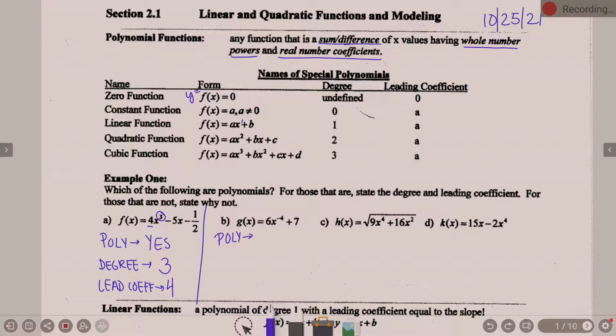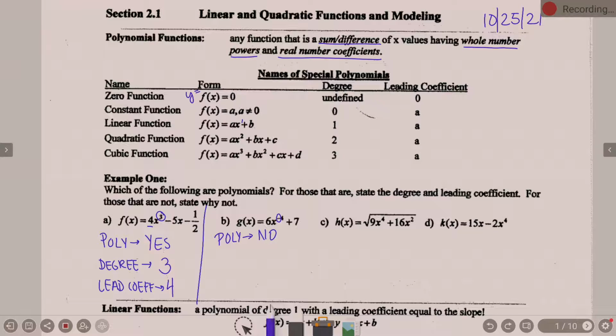My original definition said whole number powers. Whole number powers start at 0. So 0, 1, 2, 3, 4, 5, 6. They don't include negatives. So no, this one is not a polynomial.